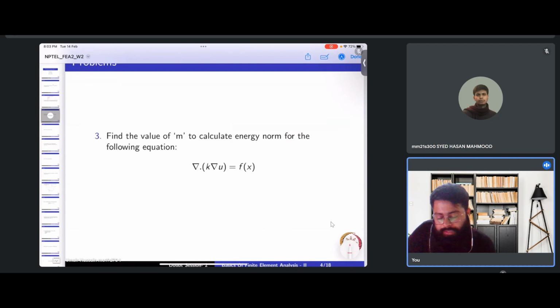So to calculate the energy norm, we had some expression.